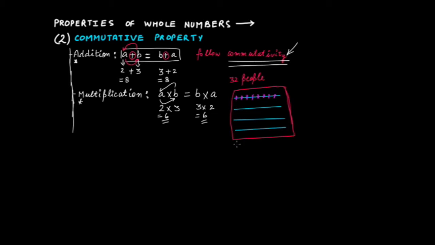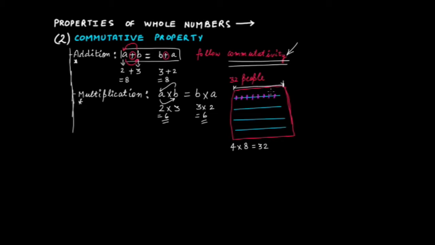Therefore, there were 4 rows, and in each row there are 8 chairs. So in 4 rows you will have 4 multiplied by 8 is equal to 32 chairs. Total would be 32 chairs for 32 people. But what if the organizer tells you, hey, we can only put 4 chairs in a row, because that is the capacity of the hall?